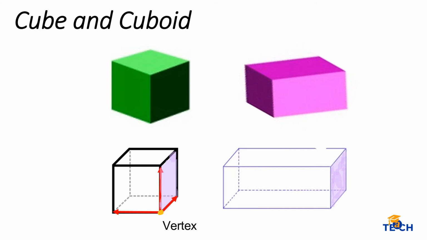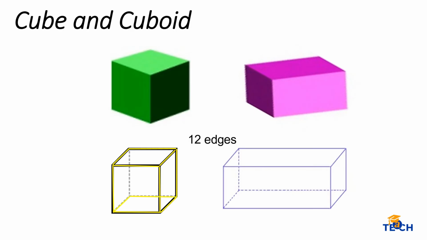There are 1, 2, 3, 4, 5, 6 faces for a cuboid and a cube. And 1, 2, 3, 4, 5, 6, 7, 8, 9, 10, 11, 12 edges for the two figures.